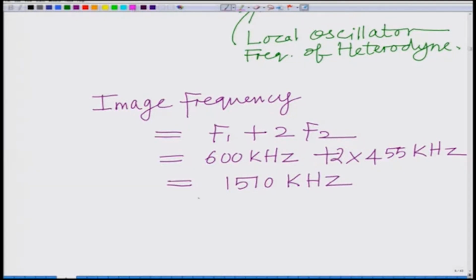So, this is the image frequency, 1510 kilohertz. This is also shifted to the intermediate frequency.